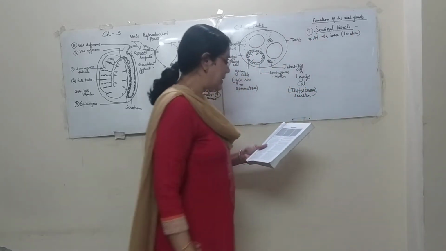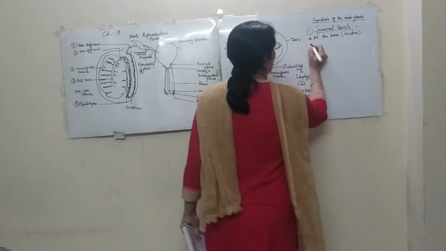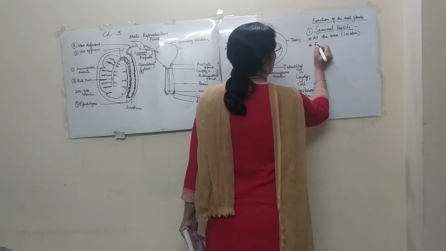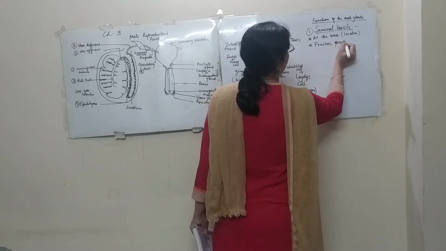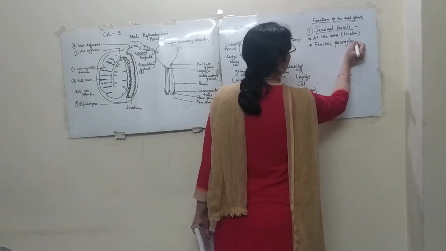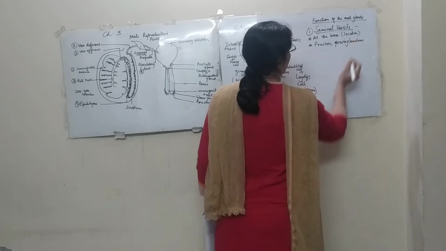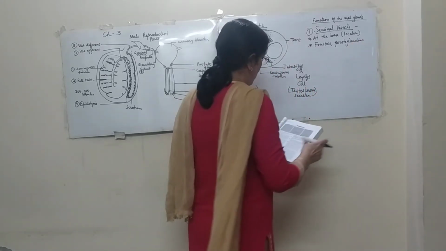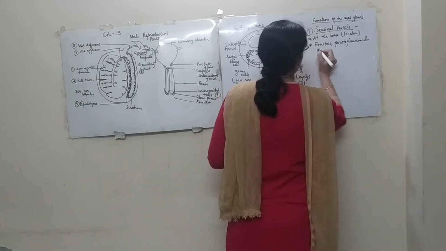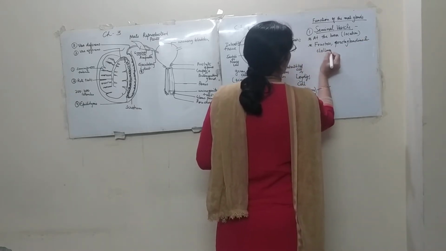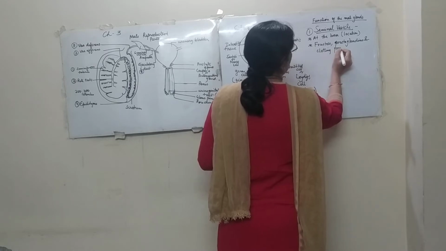First one. And the second one, you can write what is present here: fructose, prostaglandin, and clotting proteins.